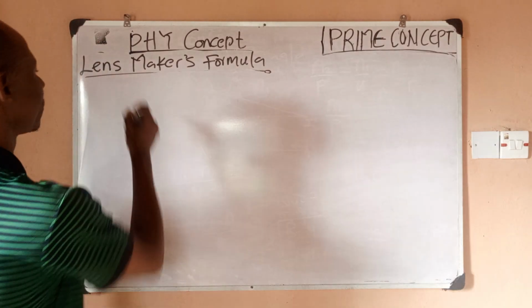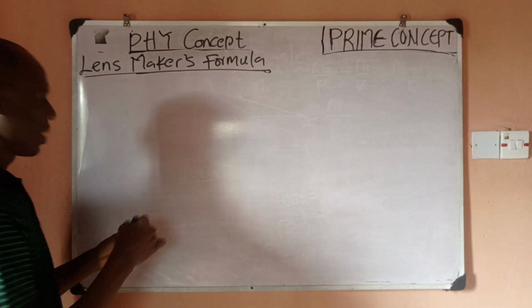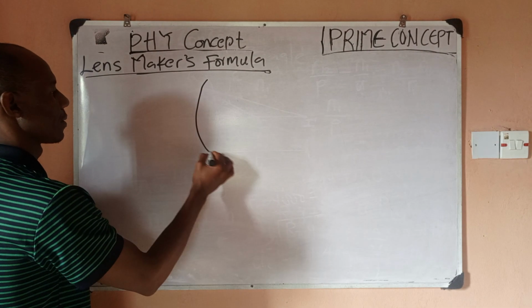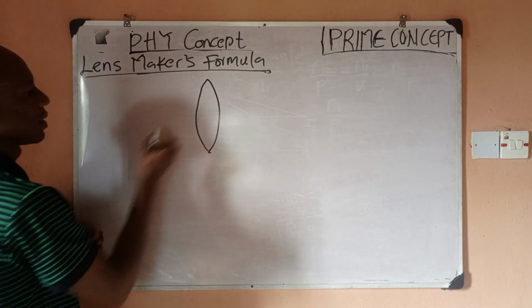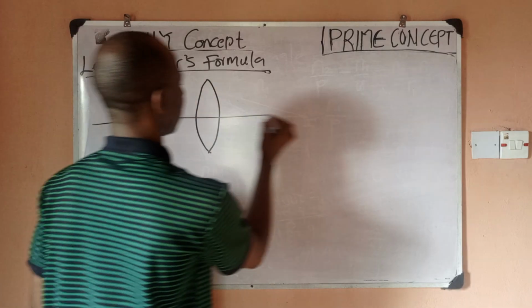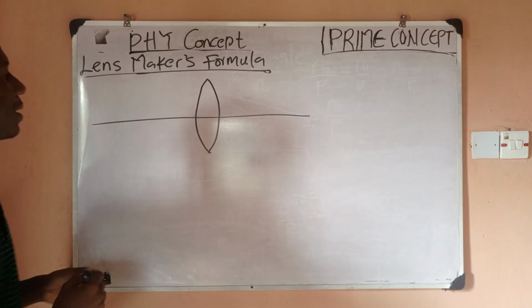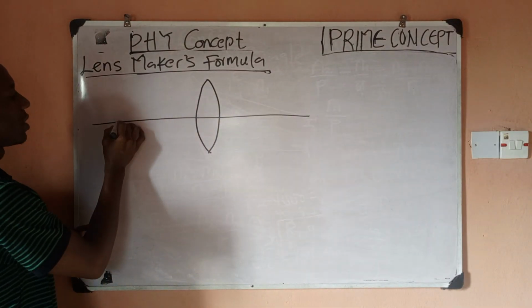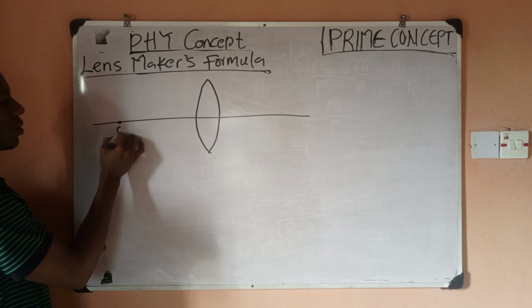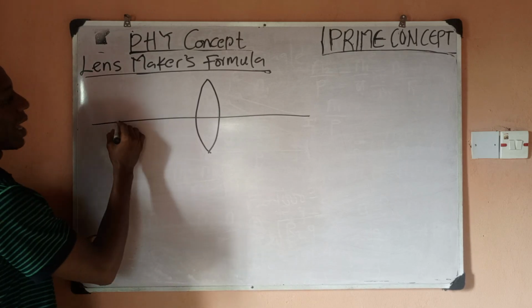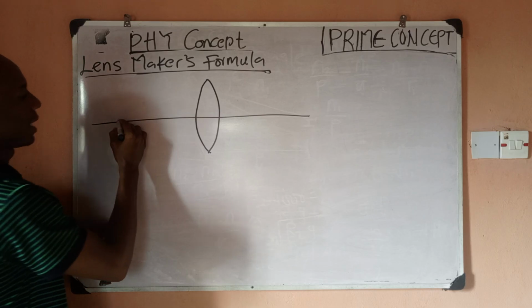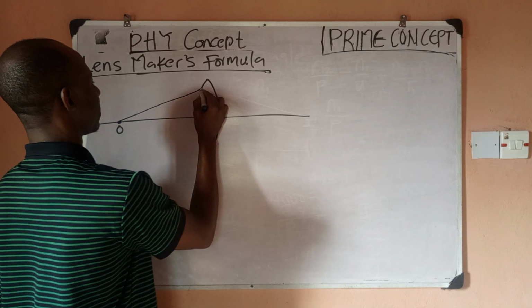Now, say we have our lens like this. This is our lens, and this is my principal axis. Now, if I have a point object, say at this point, which is O, and light from this object hits the surface of my lens, it's going to hit in this way.